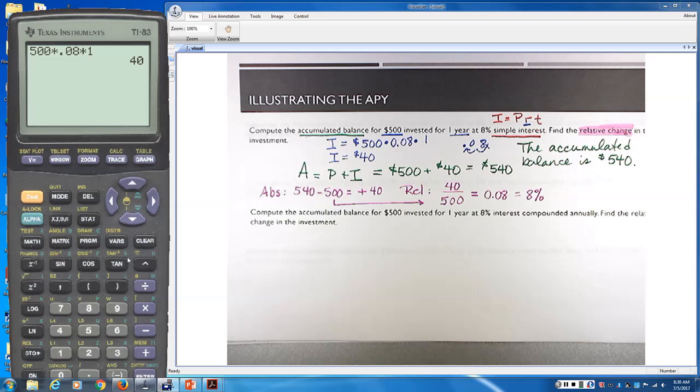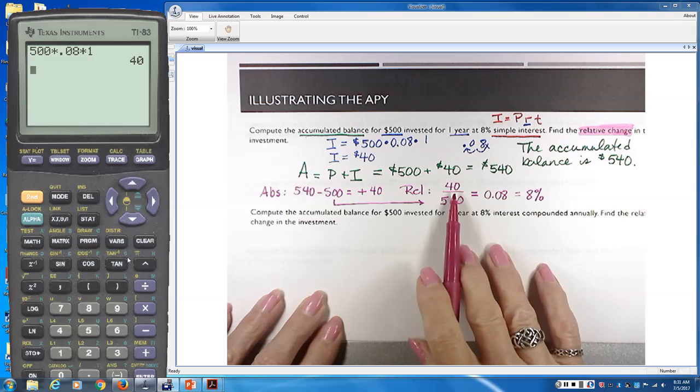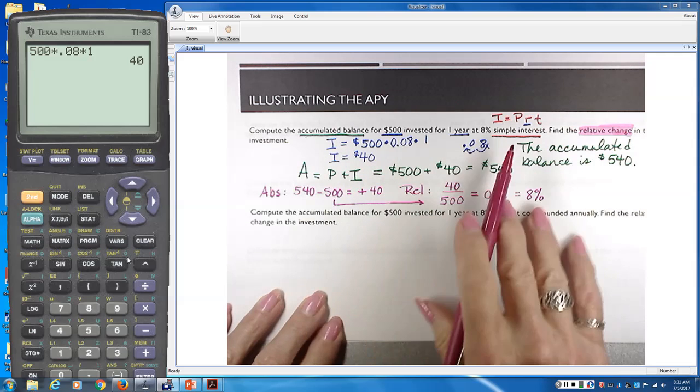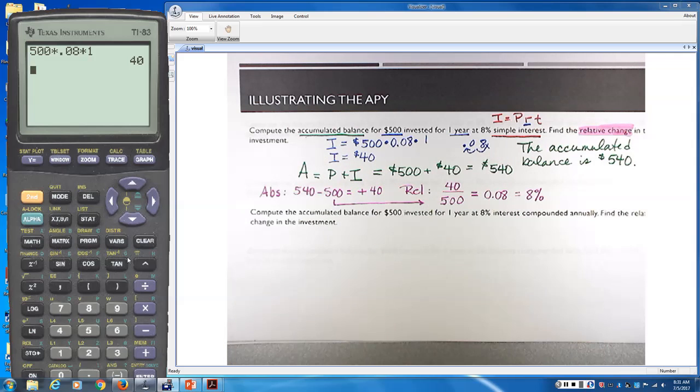Okay? And that should make sense because the interest is what we actually accumulated. And the interest is 8% of the original balance. But that's only because we're doing simple interest.